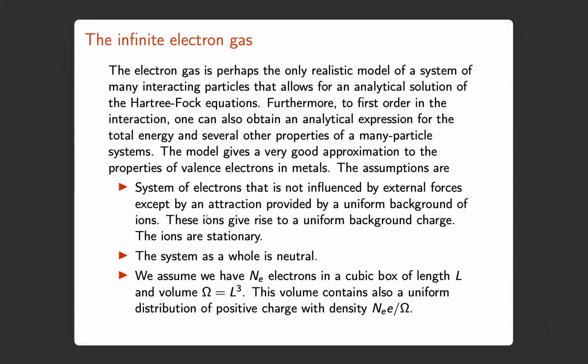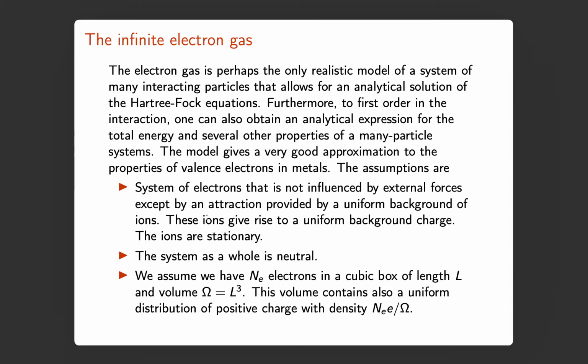So instead of having ions placed in specific positions like you would have in a typical material, a periodic lattice, the background is assumed to be just a homogeneous background, which is smeared out. So the electrons move with kinetic energy, and they see a uniform background of ions.